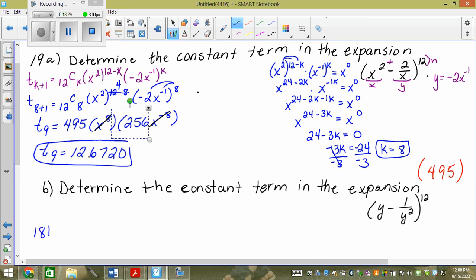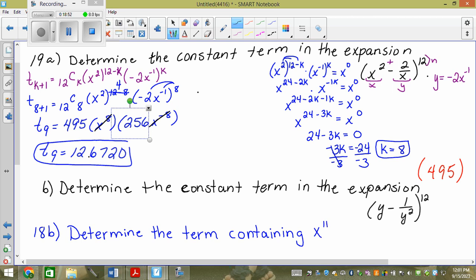So 18b is the one we're going to try now. 18b says determine the term containing x to the 11.